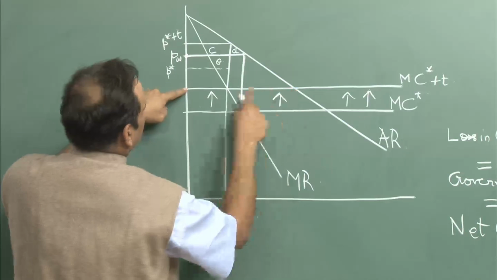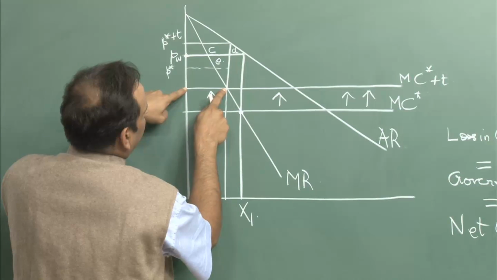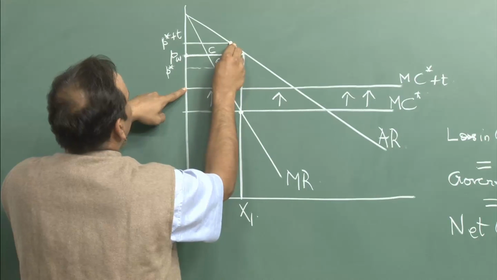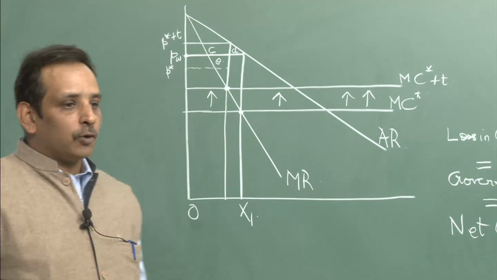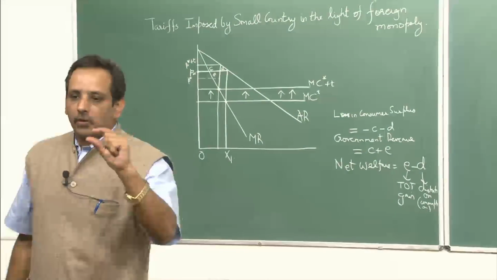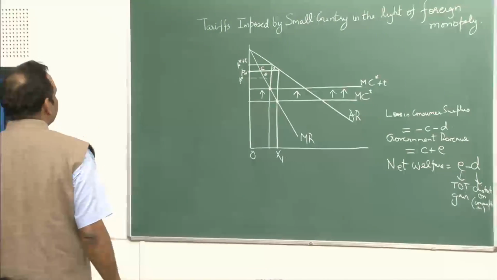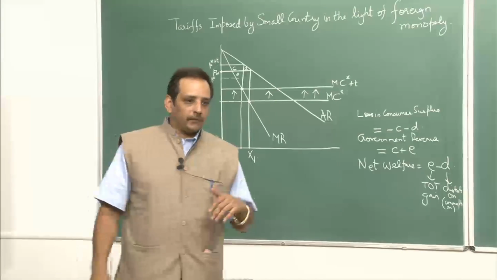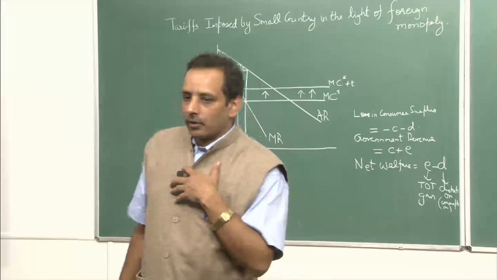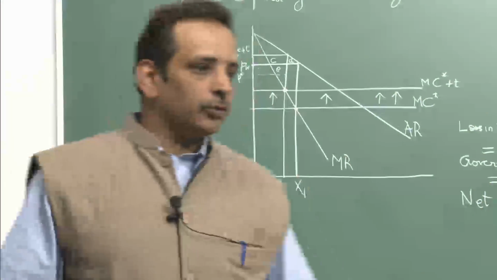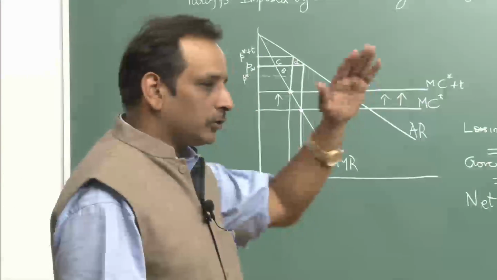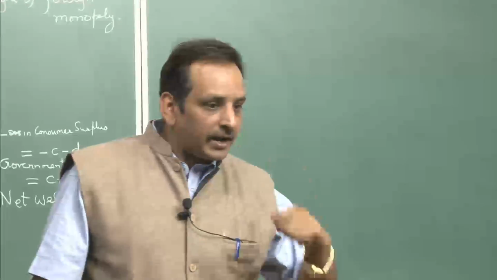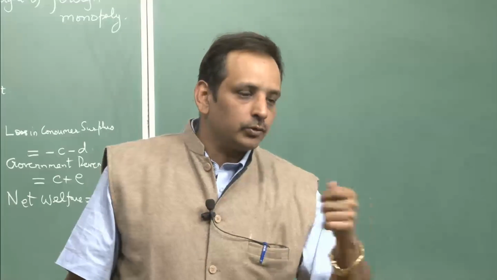So then the new marginal cost curve cuts the MR here. So the new price is P star plus T, but the domestic price doesn't rise by the amount of the tariffs, because as in the earlier case, if you impose tariffs and I want to supply goods to you and I find that my exports are coming down, I will reduce my prices just to enter your market, because you are the one who is imposing tariffs.